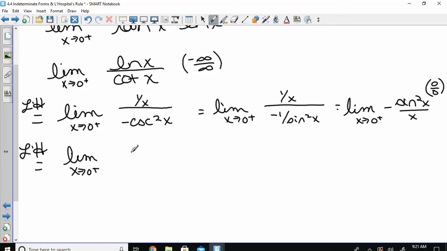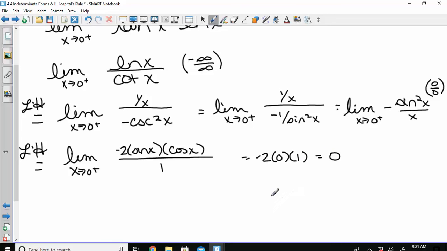Okay, so the exponent comes down, so that'd be negative 2, inside stays the same. Subtract 1 from the power, so it's just to the first, times the derivative of the inside, derivative of sine is cosine. Over on the bottom, derivative of x is just a 1. So if we plug in, we have negative 2, sine of 0 is 0, cosine of 0 is 1, and we get 0. Is that my final answer? No, we added a natural log, so it has to be e to that power, and e to the 0 is 1.